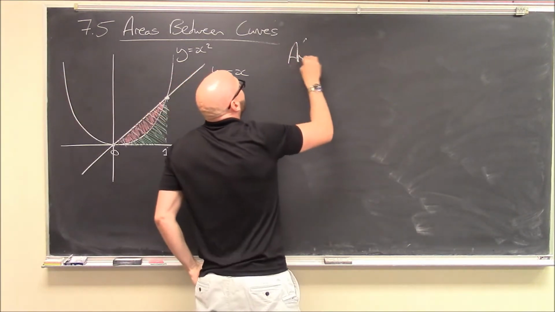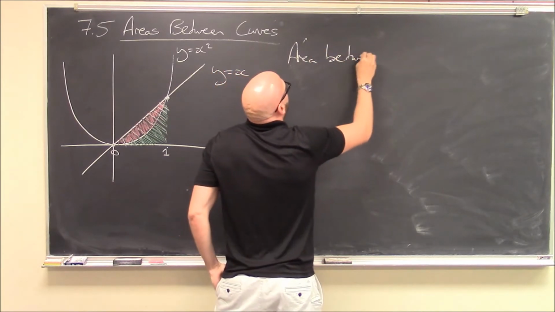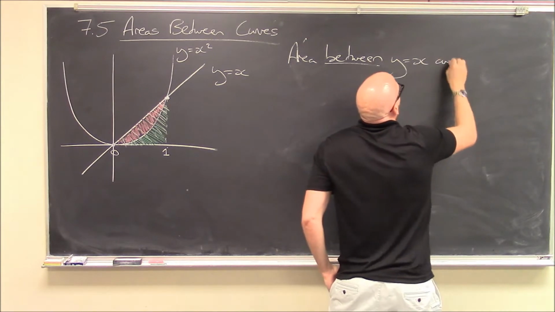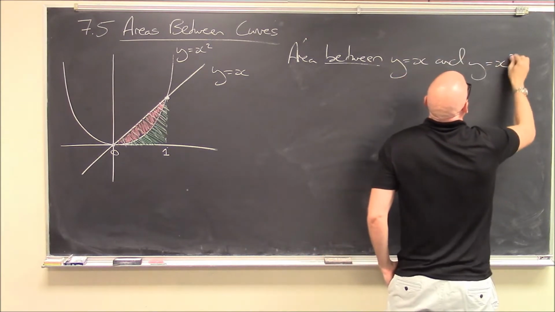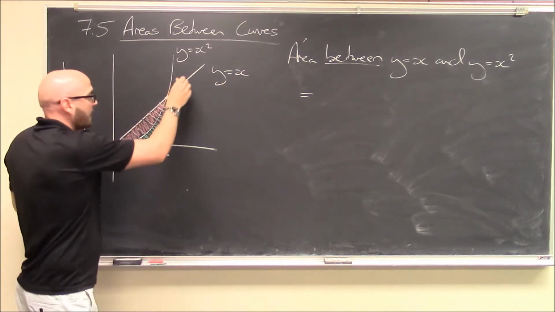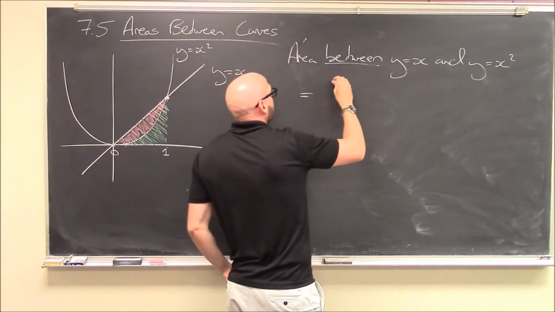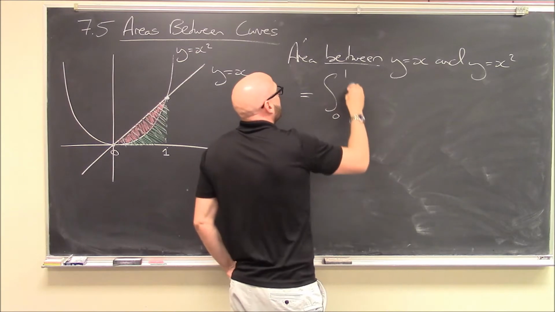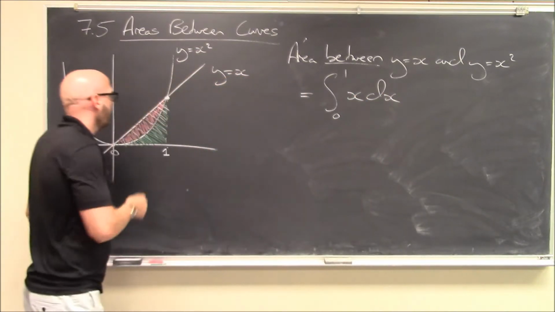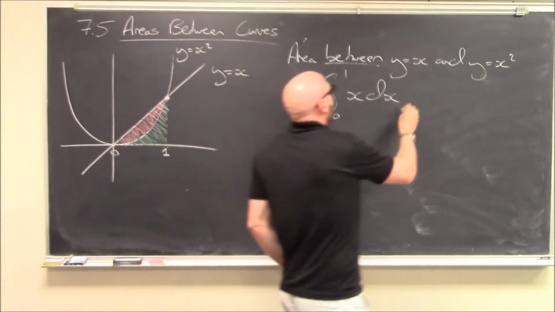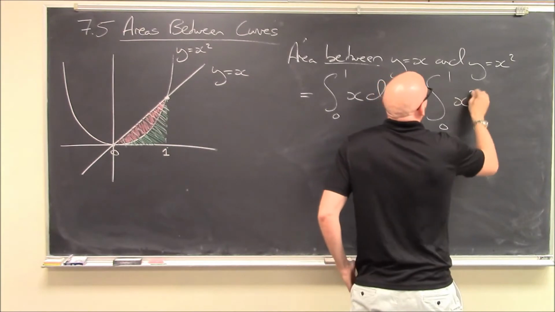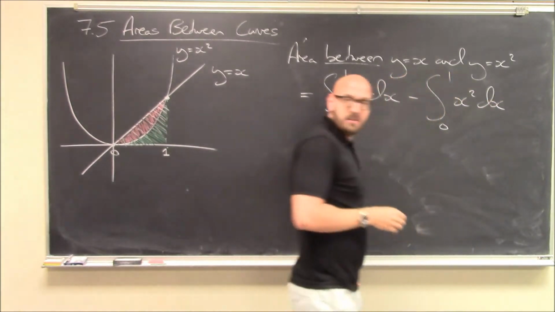So the area between y equals x and y equals x squared should be the area in white. We've already computed it, but I'll write it as an integral again. It would be the integral from 0 to 1 of x dx minus the area in green, minus the integral from 0 to 1 of x squared dx.